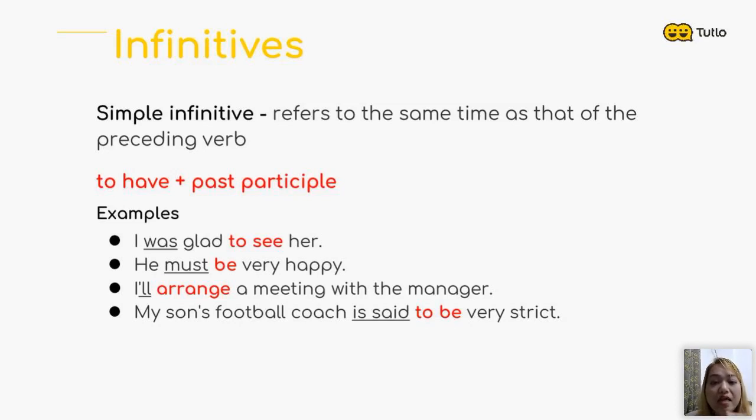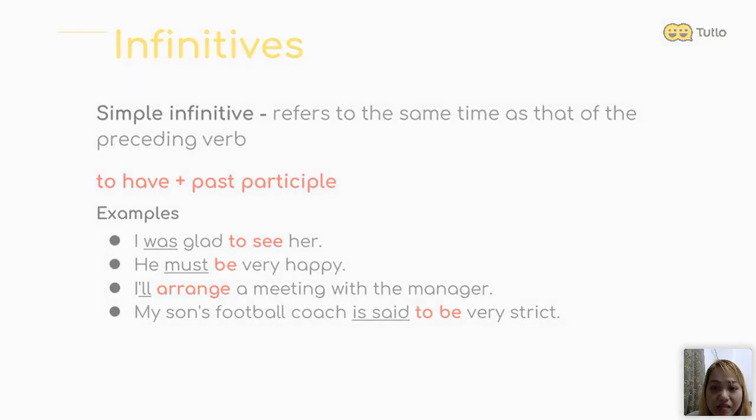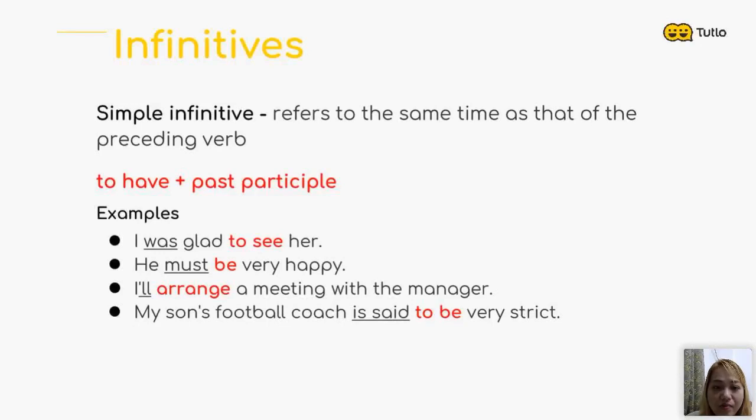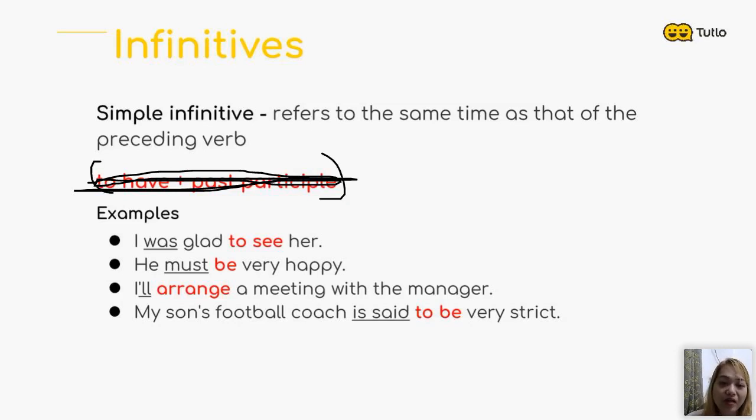That is a typographical error on my part when I was making the slides. We don't have to have plus past participle. We're talking about the simple form, the present form. An example is: I was glad to see her.